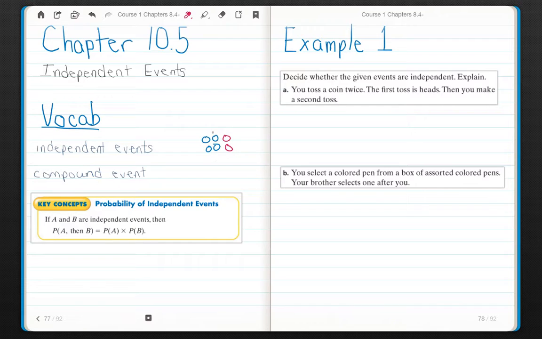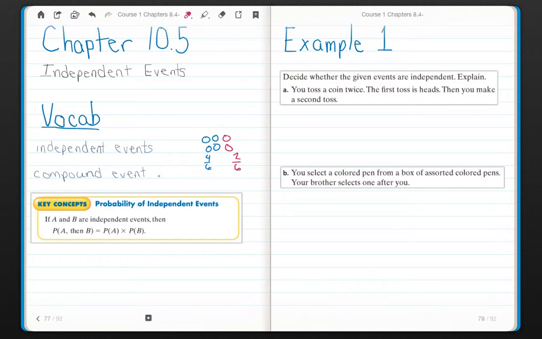Well, because I start with 6 marbles, the probability of getting a blue marble is 4/6. But because I put that marble back in the bag, I still have 6 marbles when I go to draw out a pink marble. So they're considered independent events. We'll talk more about that in a minute.